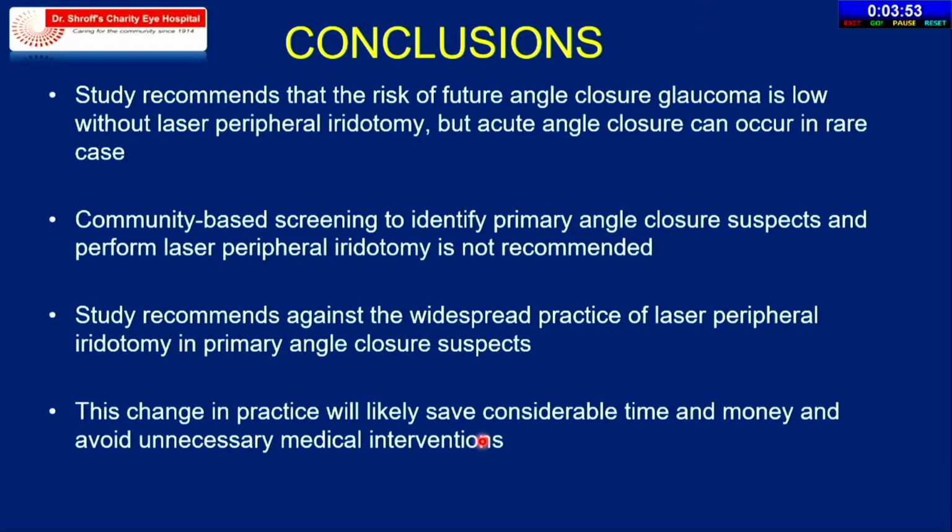So the study concluded that the risk of future angle closure glaucoma is low with laser PI, but acute angle closure can develop in some eyes, though it is again very rare. So it is not a very common finding to develop acute angle closure if PI was not performed or the pupil is dilated. So community-based screening to identify primary angle closure suspects and perform laser PI is not recommended.